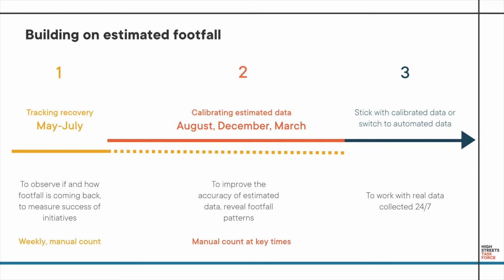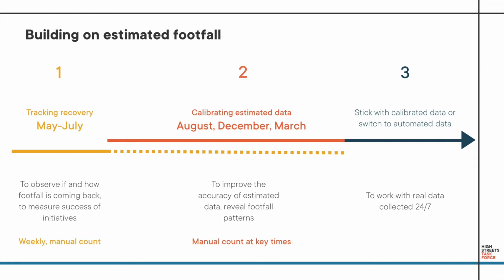These months and specific times are significant in telling us what pattern of footfall exists in your town. So counting during these 3 months at those specified times will provide data to the task force, which will then recalculate your footfall estimates and update your dashboard to reflect these more accurate estimations. We'll provide more information about this second step in our next video.